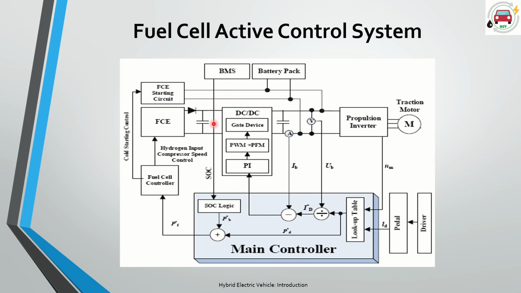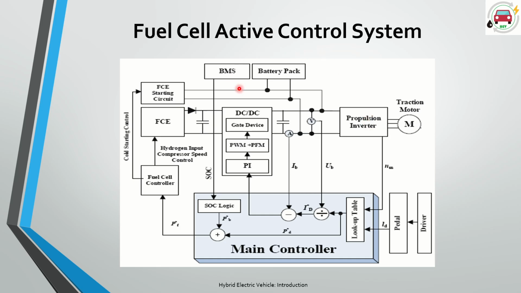Then we can see this is the block where we take the voltage and convert the AC to DC. Gate devices are there, and there are many electrical terms we cannot go into. And see here we are having the motor, the traction motor, and it is driven through the proportional inverter.